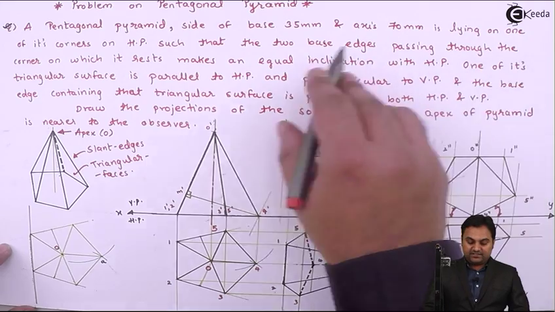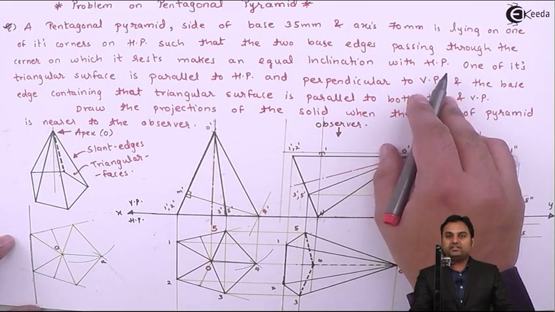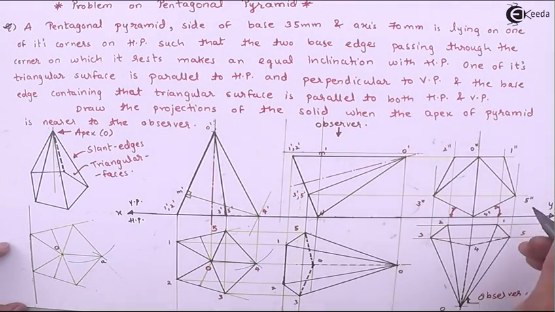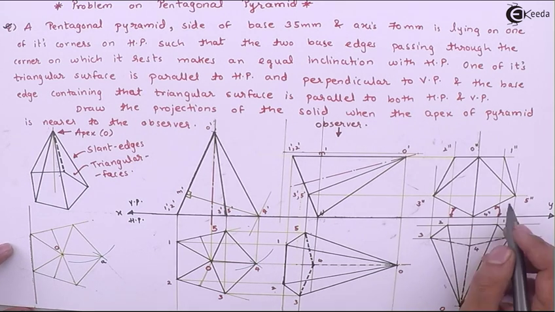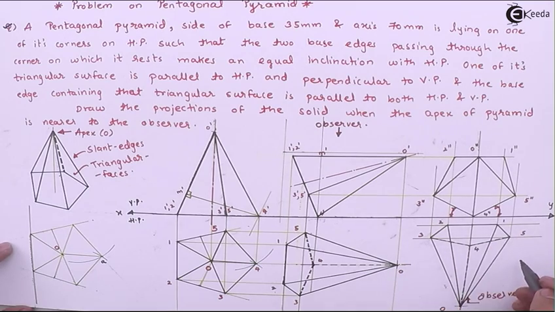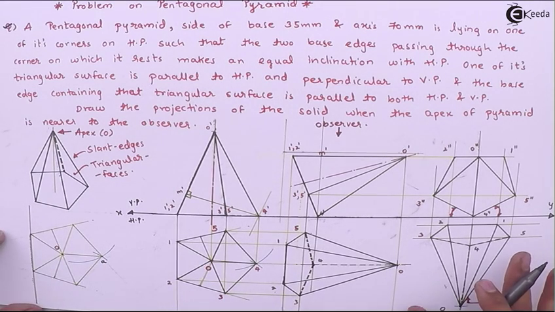So this condition we have finalized at the last stage, that this is the corner on which the pyramid was resting and the edges passing through it are making an equal angle with HP seen in VP. And initially whatever the conditions were, we have completed and reached up till this stage.